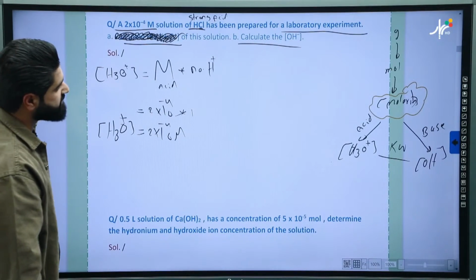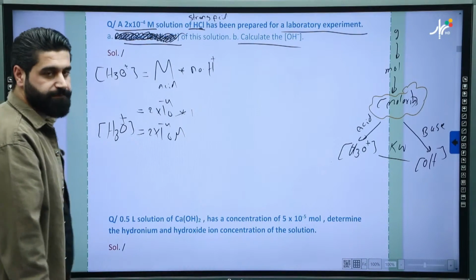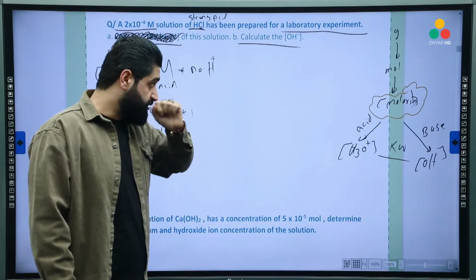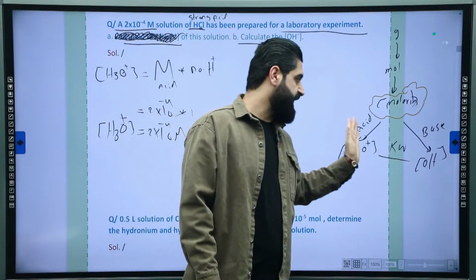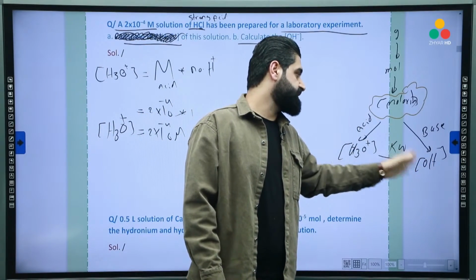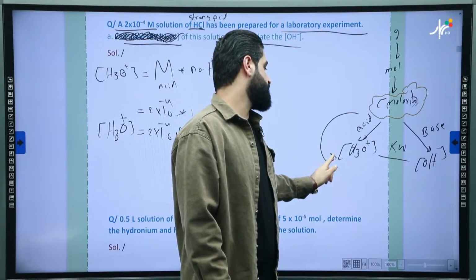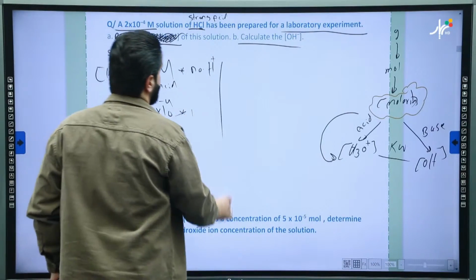But the question says OH. Why did you calculate H3O when we are looking for OH? Because your compound is an acid, there is no direct relation between acid molarity and OH, except that first you have to get H3O, then turn H3O into OH using the Kw value.